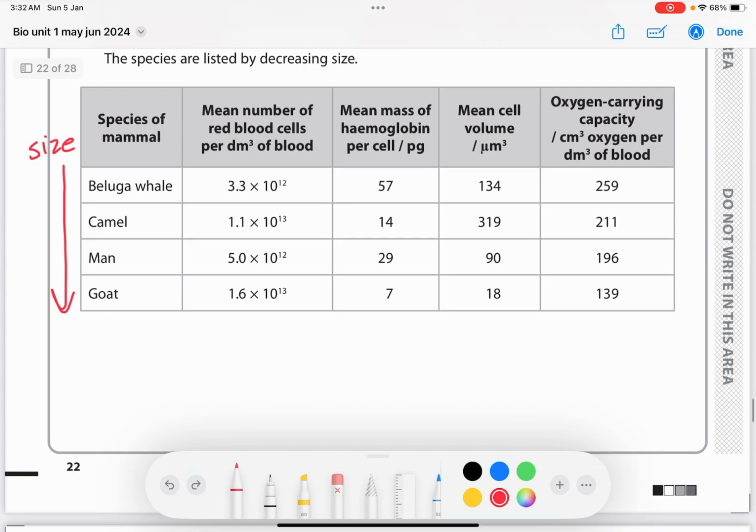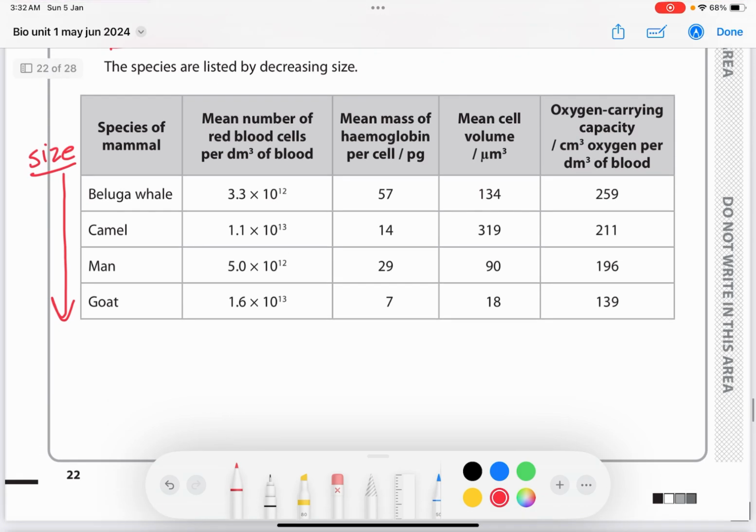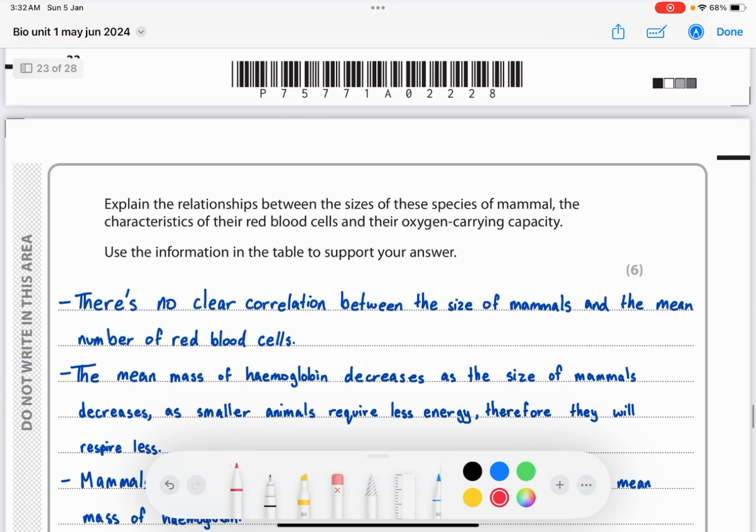As you can see over here, the size is decreasing as we go down the table. Explain the relationships between the size, the characteristics of the red blood cell, and their oxygen carrying capacity. Use information in the table to support your answer.